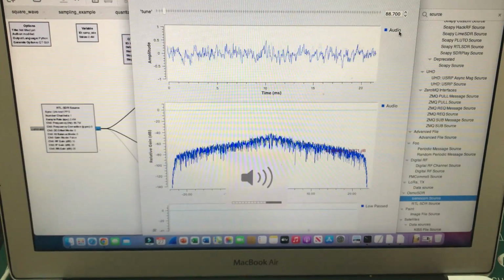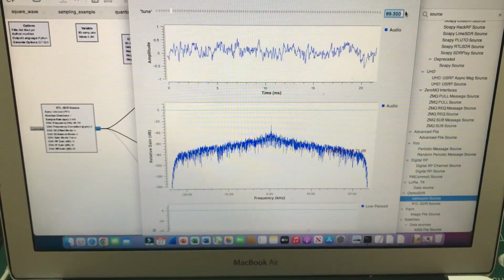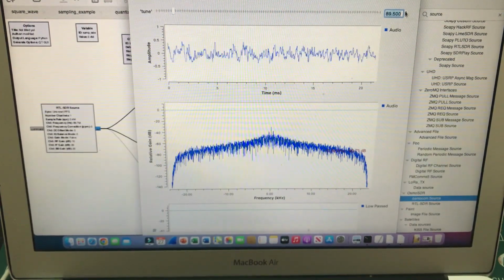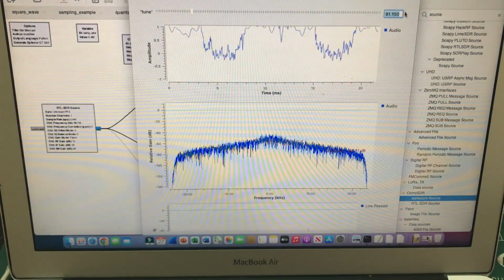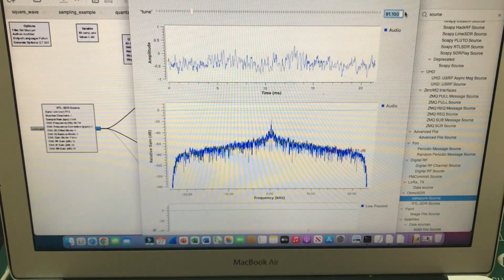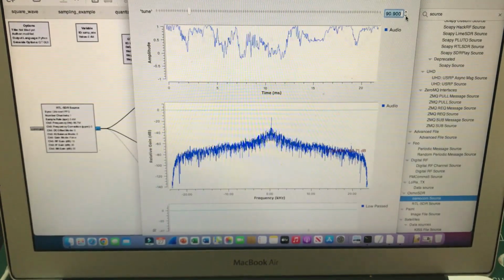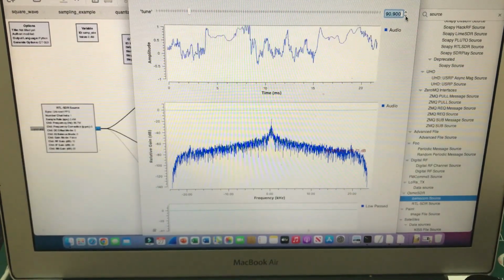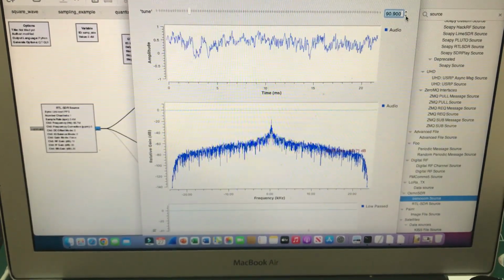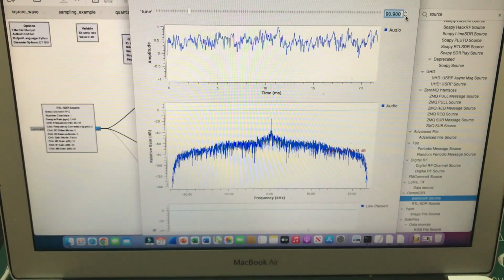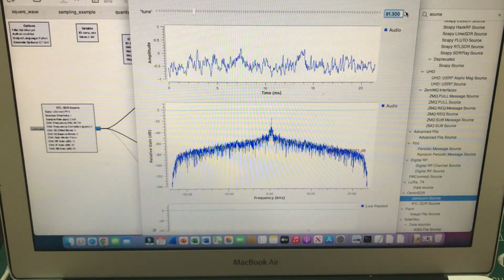Hopefully we will be able to hear some sound. I don't know if you'll be able to hear this or not, but we are receiving something at 90.9 megahertz, and then simply we will tune into different frequencies.